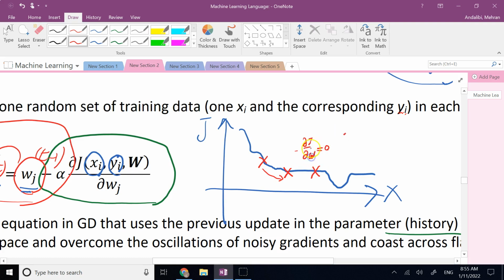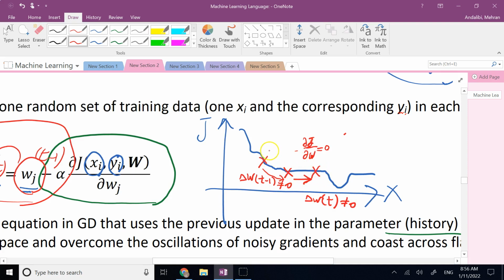Okay, so I'm not going to get any update if I only want to go based on the gradient. But if I say, hey, this previous update, this delta W of t minus 1 was non-zero, I bring a portion of that and add it to this, then it makes my new update, delta W of time t, not be 0. So it forces me to what? To be moving to the next point.